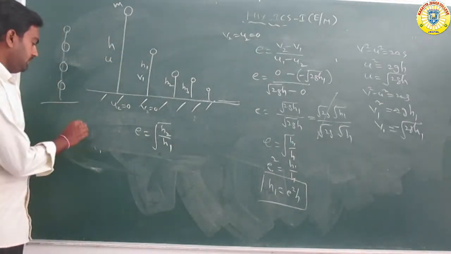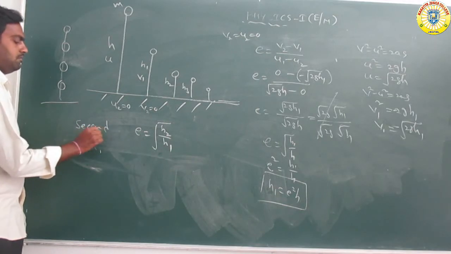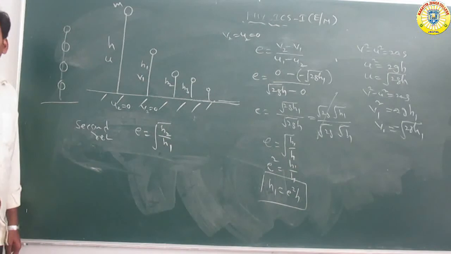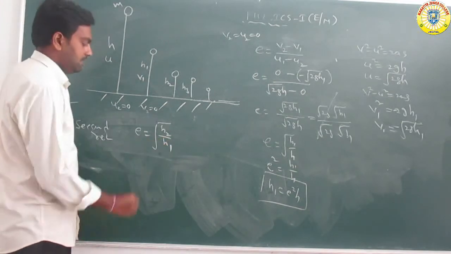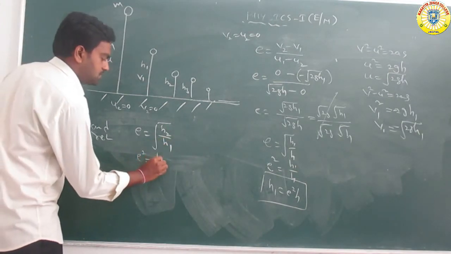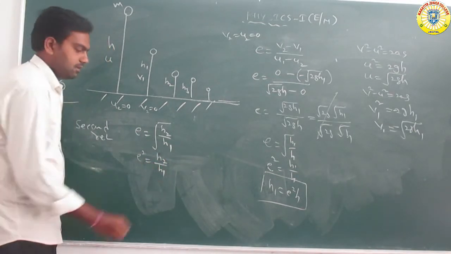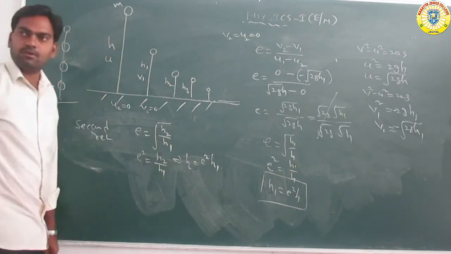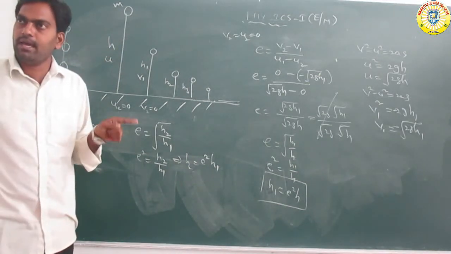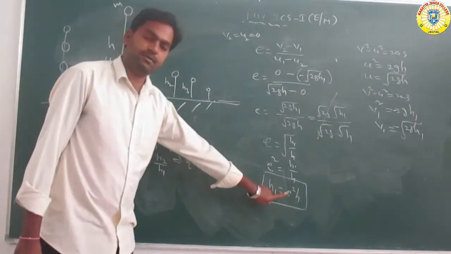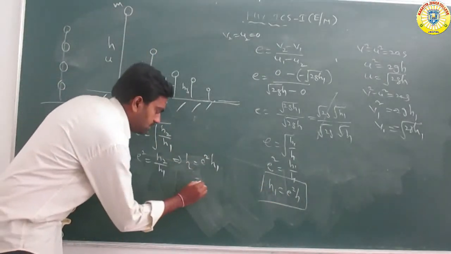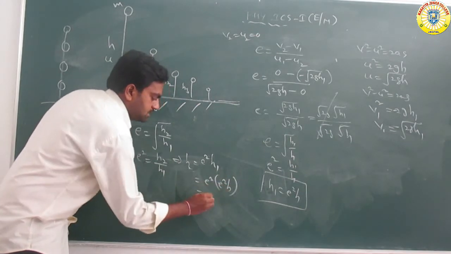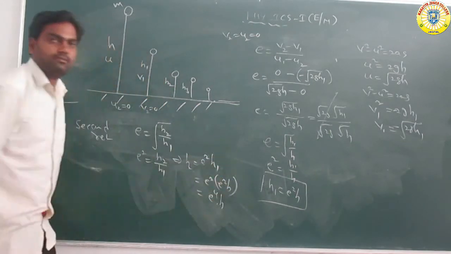For the second rebound, E is equal to under root of h2 by h1. Squaring both sides, E square is h2 by h1, so h2 is equal to E square h1. Since h1 is E square into h, h2 is E to the power of 4 h.